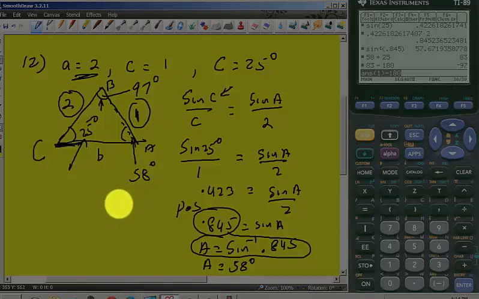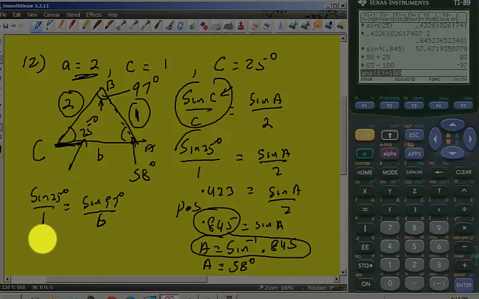As soon as we know angle B, we can now find side B, and we can still use this right here. Sine C is to C. So sine of 25 degrees is to 1, is to sine of 97 degrees is to B. The left hand side we figured out turned out to be 0.423, is to sine of 97.